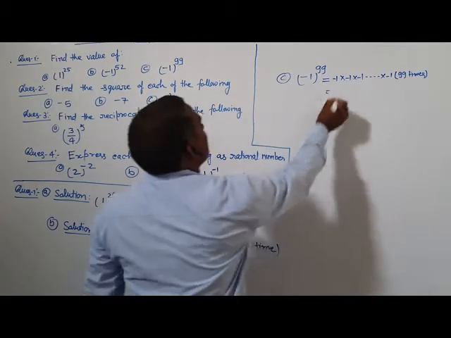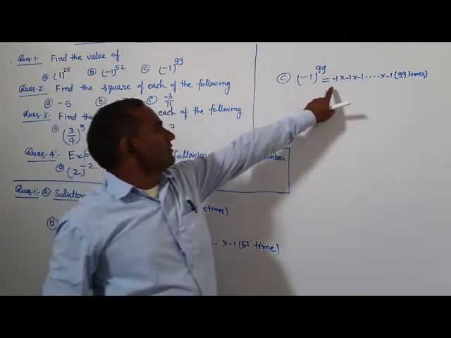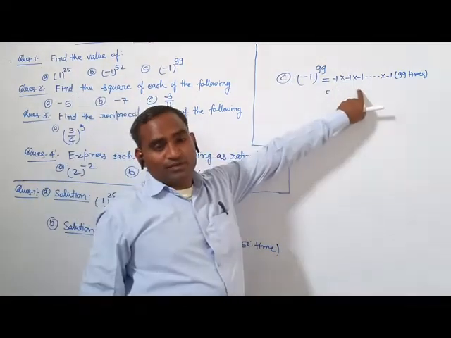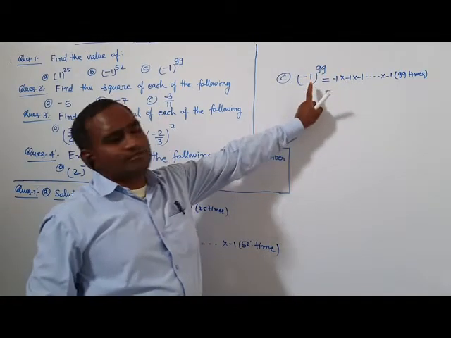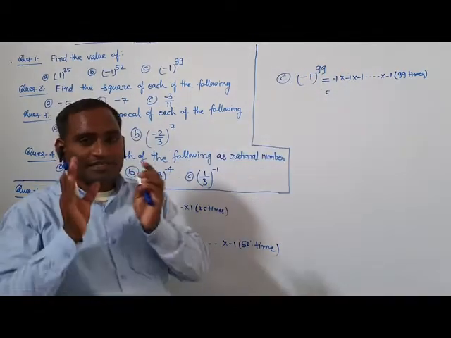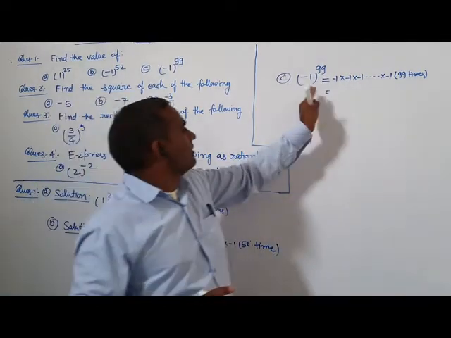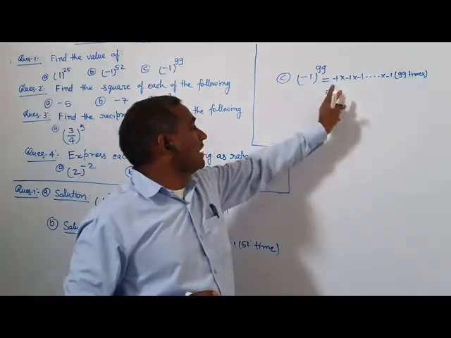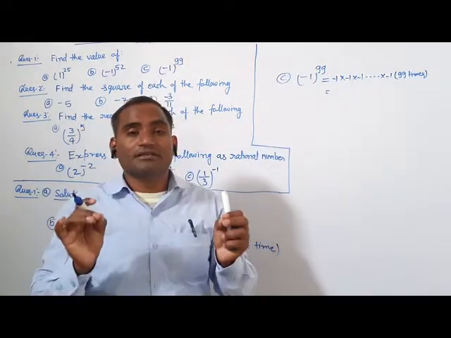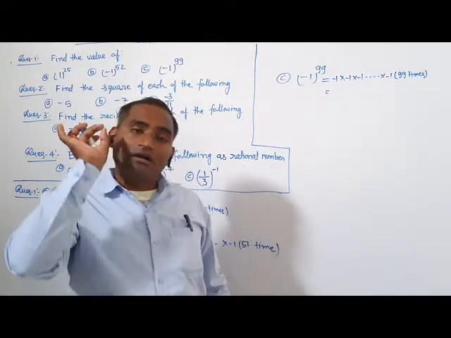Here the base is -1. We have to write -1 in multiplicative form, repeated 99 times. What is the number of negative signs? 99. 99 is odd.